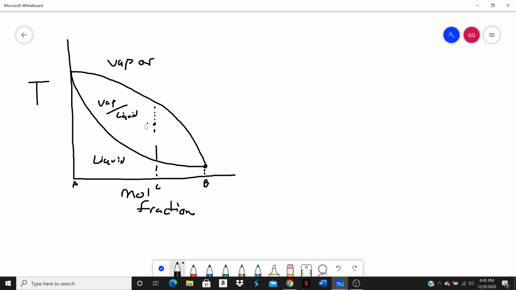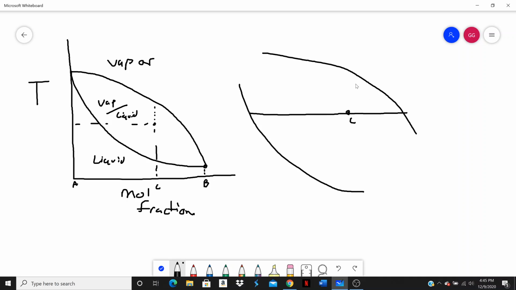So this will be point C. Now, if I magnify that area, just as kind of an estimate, if point C is in this area right here, that is point C.